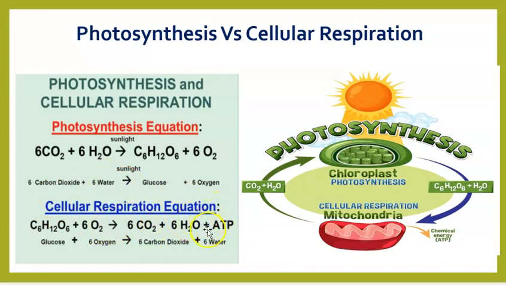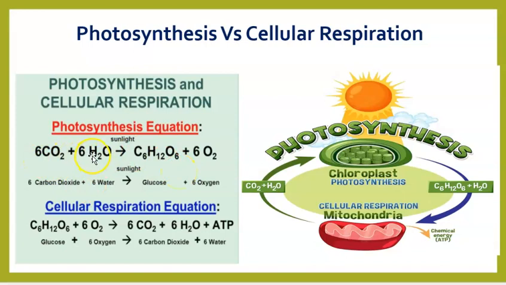And cellular respiration gives us something very important, which is energy for our body, and this energy is in the form of ATP. Again, photosynthesis and cellular respiration are exactly opposite processes.